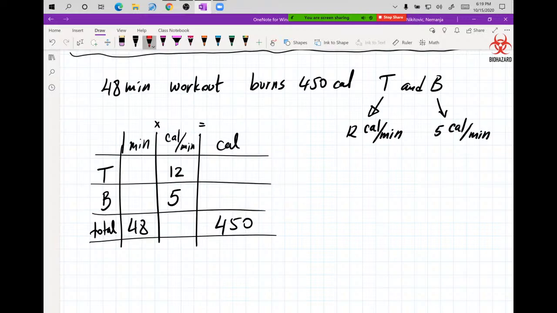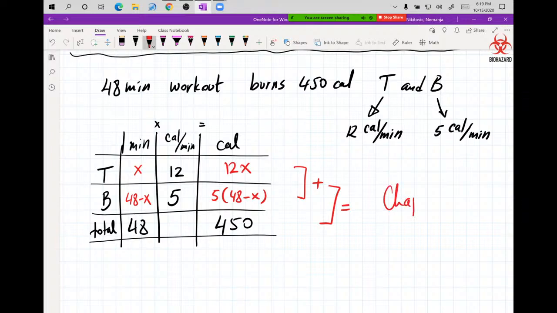I can fill this as x, and then 48 minus x, and we just go with the calculation. You have your 12x, and you have your 5 times 48 minus x. Add these two, set equal to the total on the bottom, and this is what we did in chapter 2.